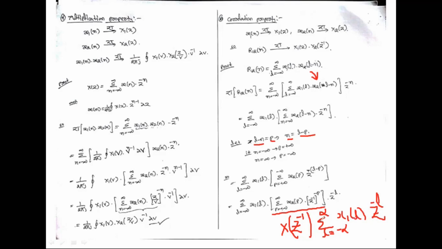Here l is a variable. It is also a definition of the z transformation with the signal x1. So X1 of z and X2 of z inverse. Okay, the convolution property is saying this. Got it, my dear students?